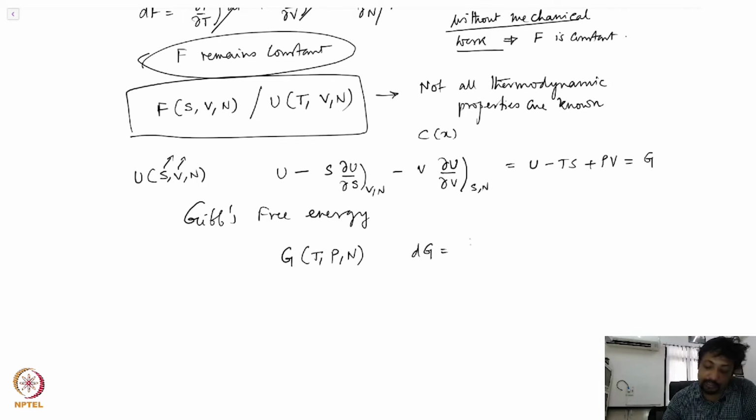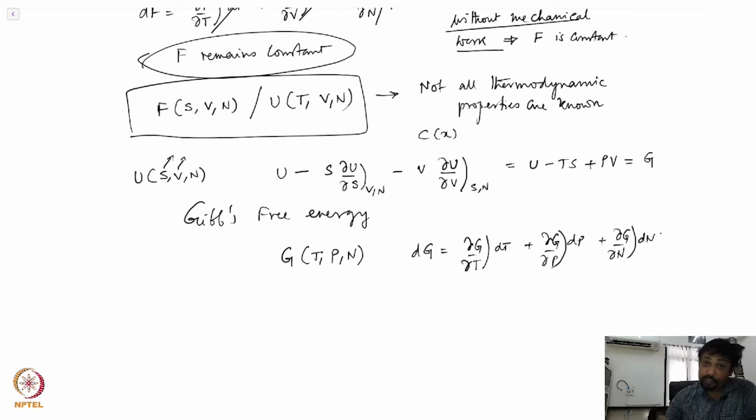dG is ∂G/∂T dT plus ∂G/∂P dP. I am holding N constant, but never mind. So ∂G/∂N dN, right?